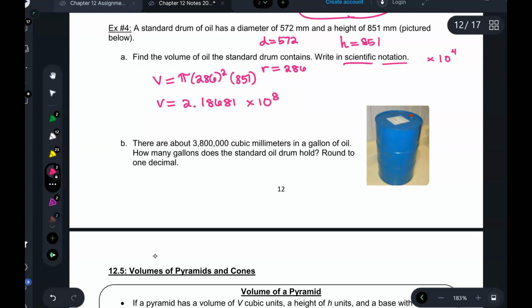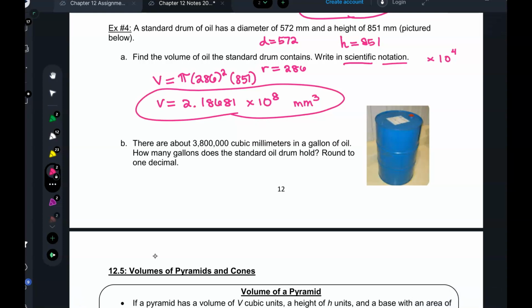Oh, and you know what we forgot to put in here? That's cubic millimeters. So this is the volume of the drum. If there are 3,800,000 cubic millimeters in a gallon, what do we do?